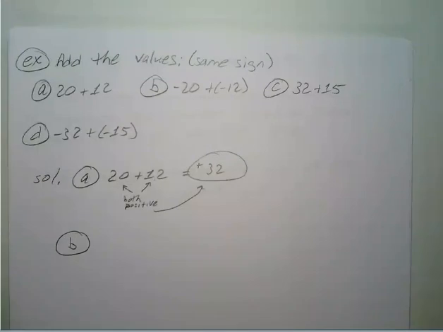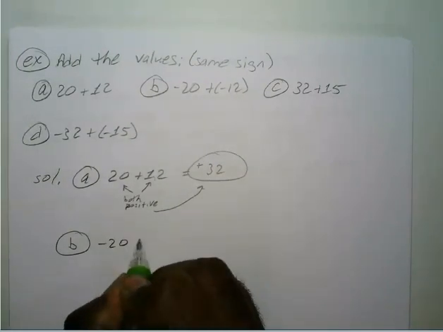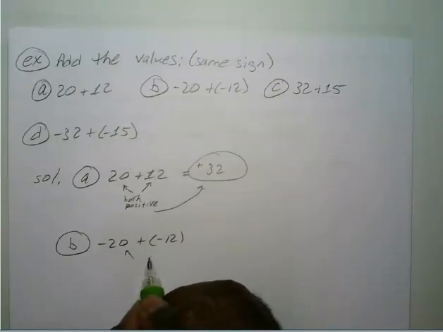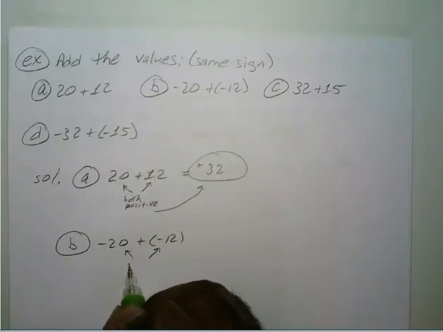Okay. So for B, if you have negative 20 plus negative 12, we see here that both are negative.